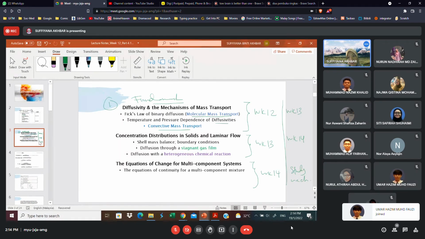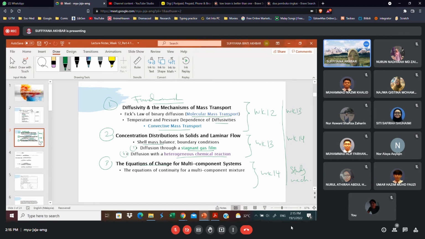Okay, after we have learned the fundamental, then we will develop the mass concentration profile by using the shell mass balance method. We will look at two systems. The first system is the diffusion through a stagnant gas flow, and the second system is diffusion with heterogeneous chemical reaction. And the last part, after we have developed the mass balance by using the shell method, we can compare using another method, which is the equations of change.